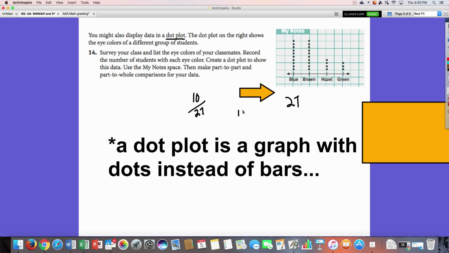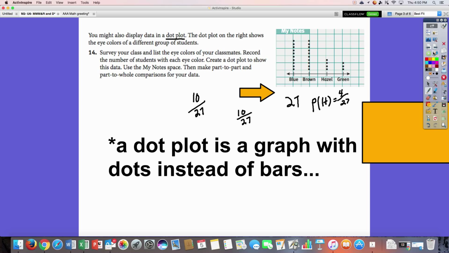It would be 10 out of 27. If I wanted to know the probability of people with hazel colored eyes, well, it's 1, 2, 3, 4 over 27. Total number of people over the people with eyes. Of course, if I had all their eyeballs in a bag, I wouldn't need the people, would I?